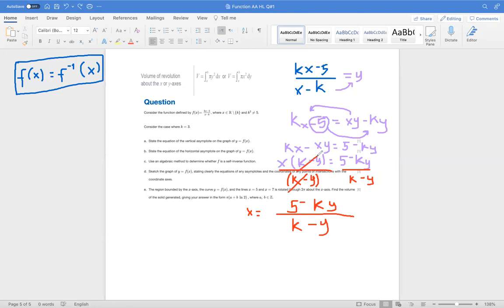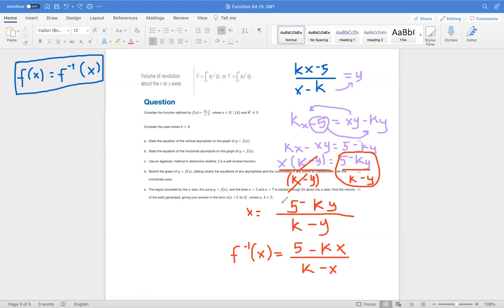This one and this one will cancel, so I get x on the left. Last thing, when we express this as the inverse of x, we just replace y with x. This will be 5 minus kx over k minus x.